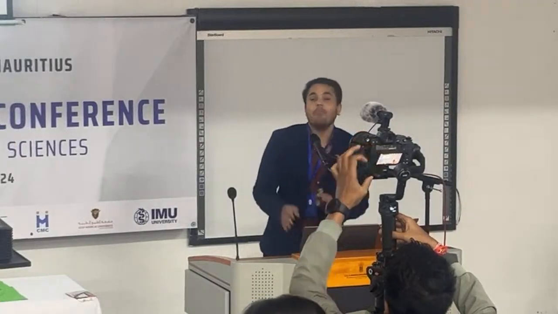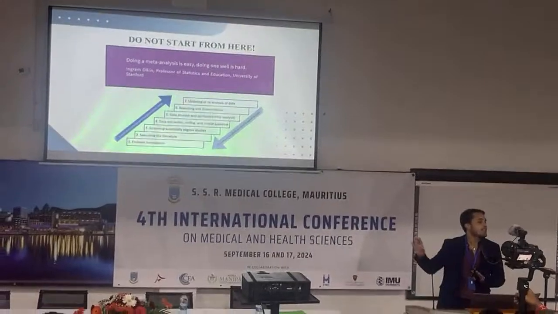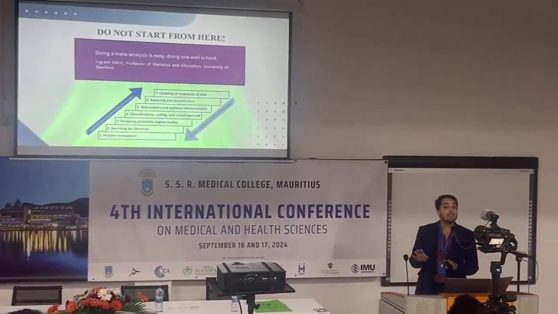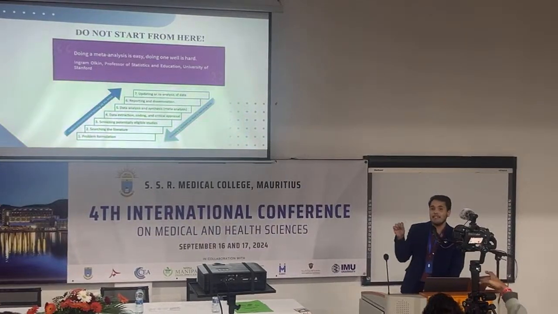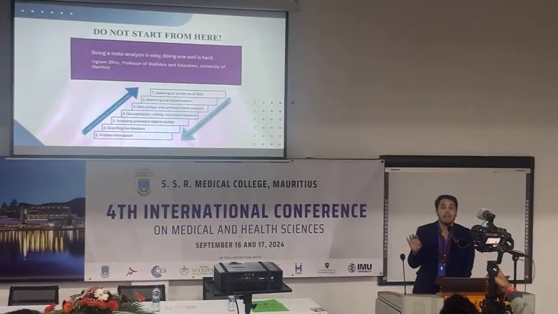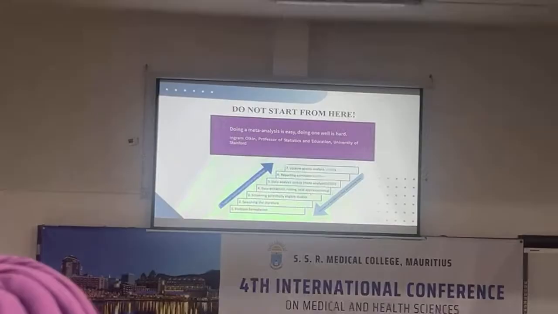Well, first of all, you may know what a systematic review and meta-analysis is. But you need to be very sure that this is not our starting point. Whenever I read a paper that states this is a meta-analysis, I'm already flagging that as a red flag.